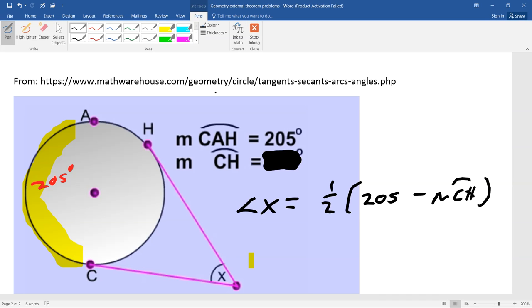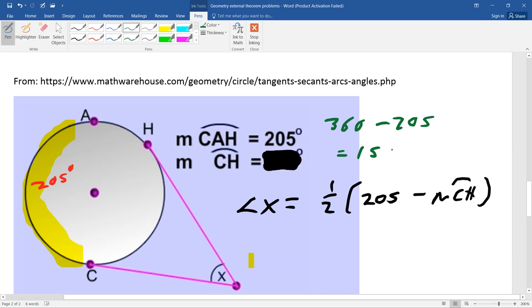If you have two tangents and you know one of the two arcs, you know the other. If we take 360 and subtract the 205, that comes out to be 155. That's the missing arc. The measure of CH is 155 degrees.